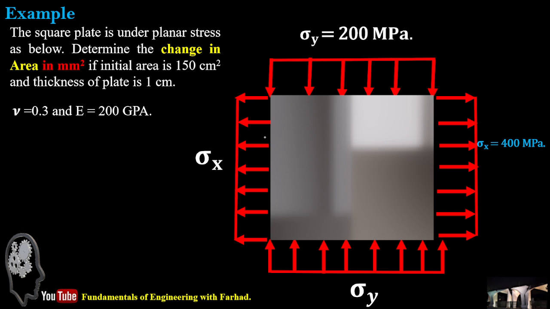The original area, A naught, is 150 centimeters squared, the thickness of the plate is 1 centimeter, nu is provided, and E is 200 gigapascal, where giga is 10 to the 9 pascal. We want to know the change in the area.